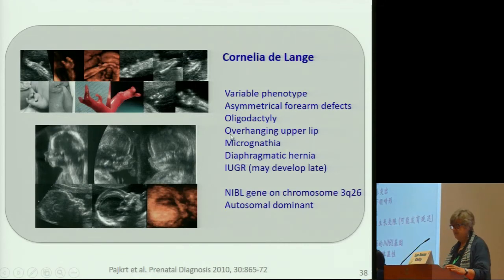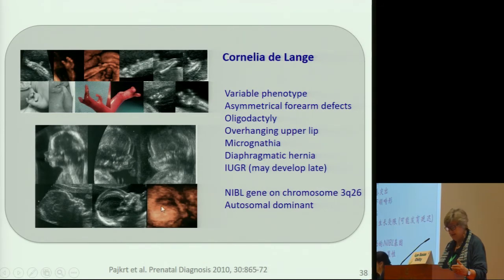De Lange, again, you usually have bilateral forearm defects, but they can be very asymmetrical and very variable as well. You could just have an extra finger maybe, or here you can see different oligodactyly, just 2 fingers in this case, 3 in this case. The profile is really quite telling. You have this overhanging upper lip giving you the appearance of micrognathia.